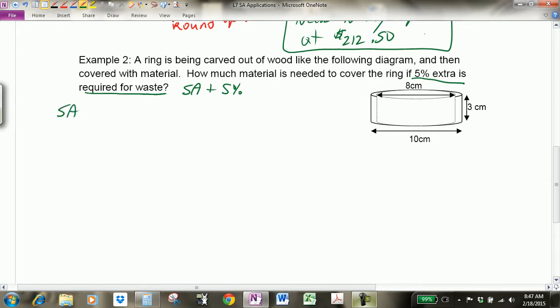All right. Find the surface area, please, of the ring. So you want the surface area of the large cylinder. Find that first.